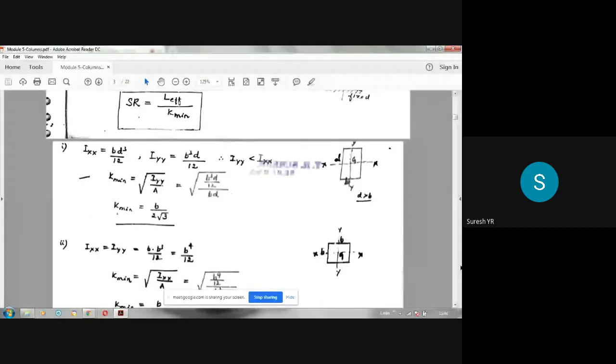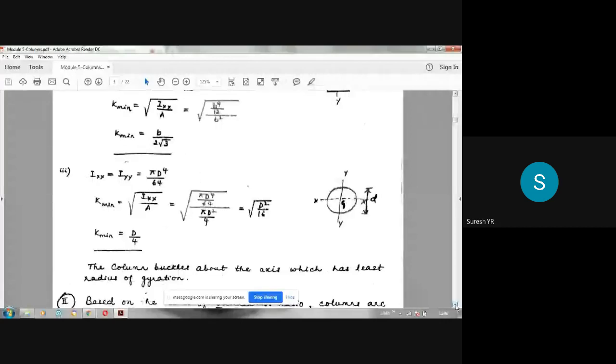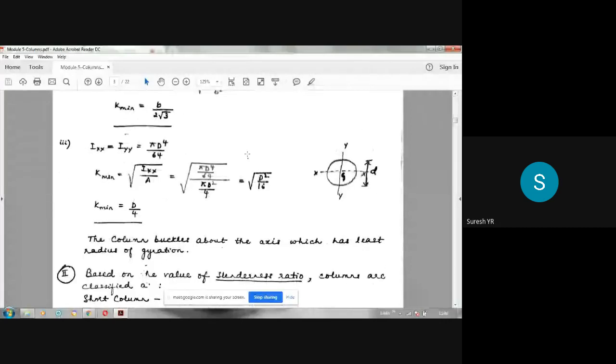So you will have two values of I, one about the x-x axis, another about the y-y axis. Among those two, whichever is minimum, that value of I we have to take to calculate the minimum radius of gyration. Whereas in the case of circular and square sections, they are equal, so you can take either IXX or IYY. The thing is, the column buckles about the axis which has the least radius of gyration.